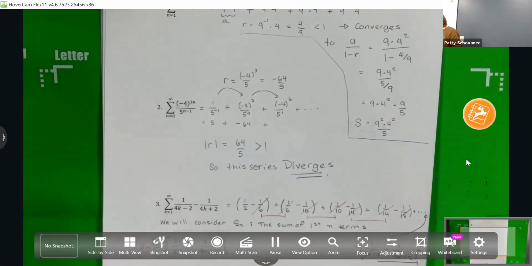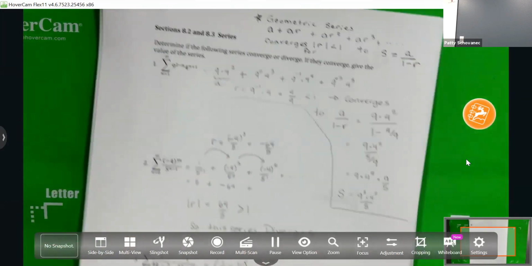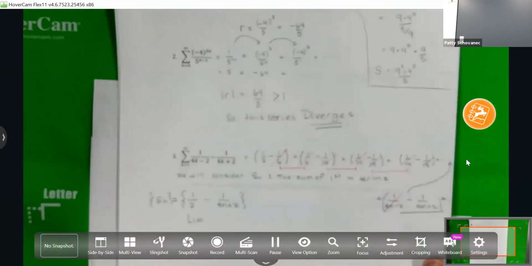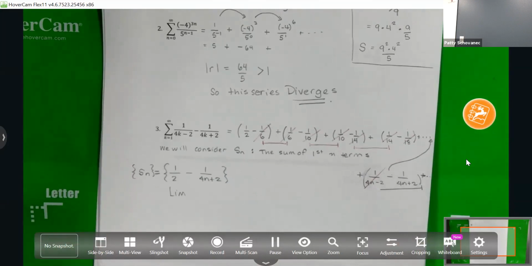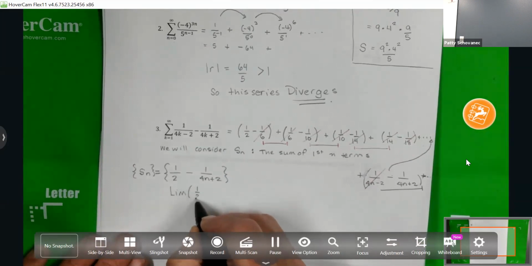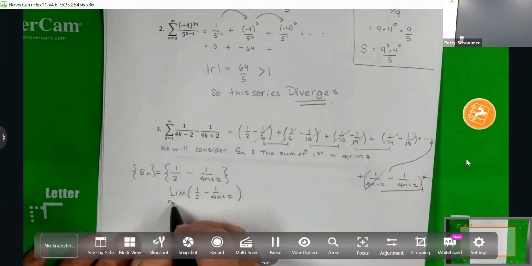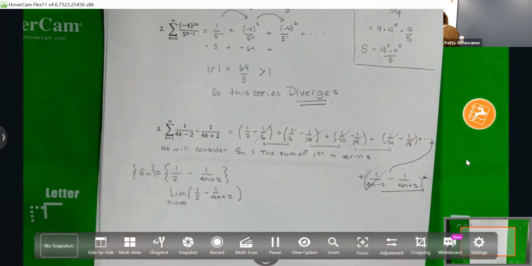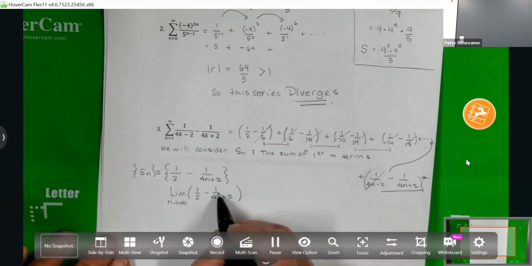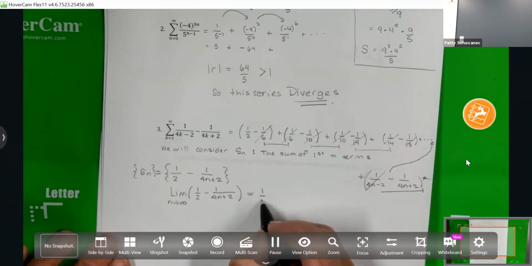A sequence converges if it has a limit. So I'm taking the limit. So I'm going to take the limit of this last term here, letting n go to infinity. Only the second fraction has the n in it, and it's in the denominator. So we know that term's going to go to 0, which leaves us with 1/2.